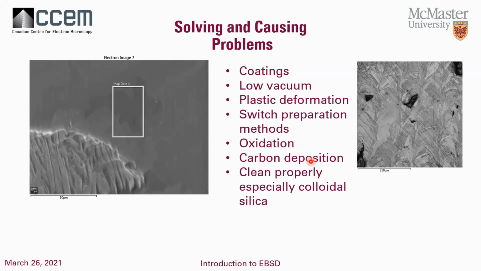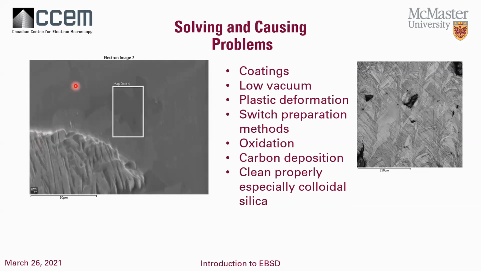It's very important to clean the samples. So you can see over here, we can see little specks of colloidal silica all over the surface. At high kV, usually the beam will go through the very fine colloidal silica, but you may see, if it's thick enough, that it's giving a pattern or blocking some of the pattern that you're collecting.